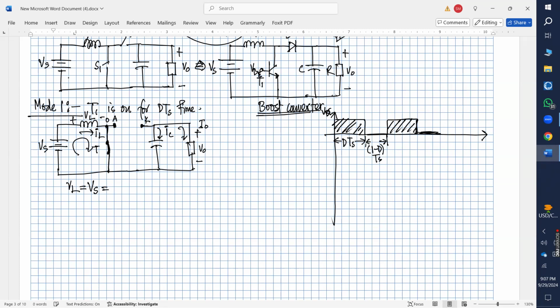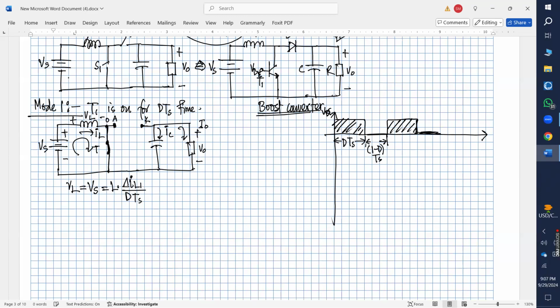If you take Kirchhoff's voltage law, you will find that all the source voltage will appear across the inductor, right? So that should be equal to L multiplied by the change in current, since the input positive voltage is appearing across the inductor. We consider this current change to be del IL1, and it is happening for D multiplied by Ts time.